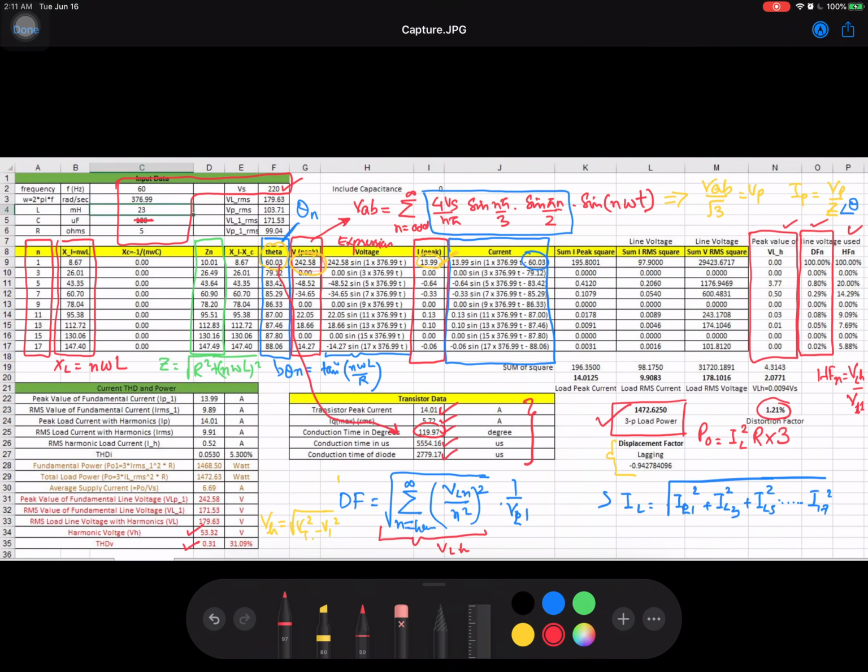Conduction time of your switch will be the difference of this angle from 180 degree, right, and then converting it into microseconds, taking the time defined by your frequency, we can find out the conduction time of all these switches. And this information is helpful in selecting the rating of your switches, right? So this explains the detailed analysis of the three-phase inverter circuit with the 180 degree conduction.